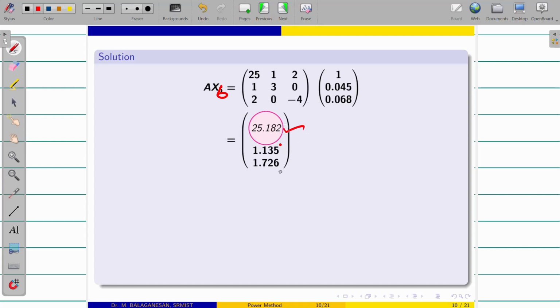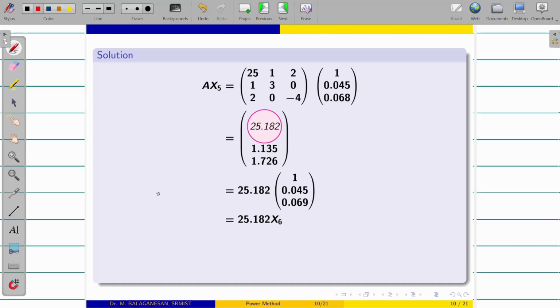The previous one also was 25.182. Now we are getting the repetition. If you repeat thereafter, you will get the same thing. That's why you need not repeat now. So simply you can write this as the final answer.